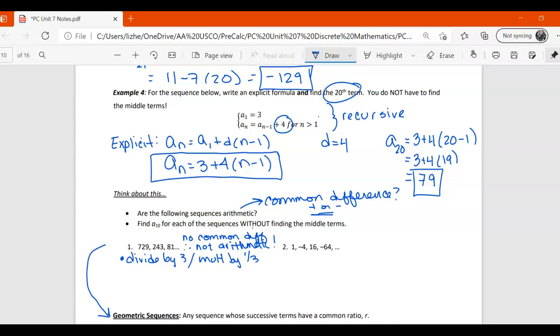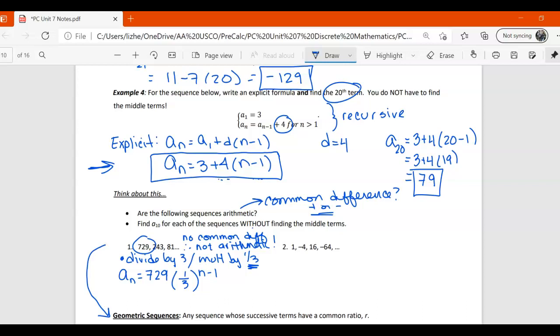But anyhow, we could write the equation then a to the n is going to be the first one, 729, times this common factor to the n minus 1. So this is very similar, of course, to the arithmetic one, except this is when we are adding and subtracting. This is arithmetic. This is going to be a geometric sequence when we're multiplying.